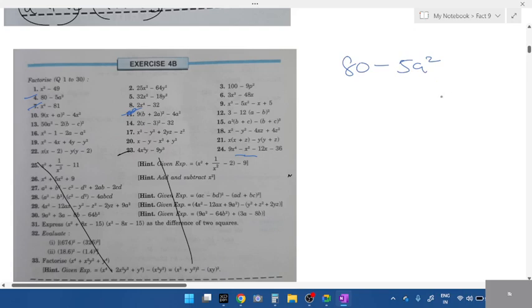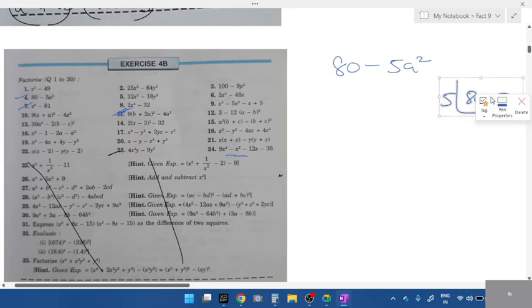Use normal factorization first. How do you use normal factorization? HCF method. What is common? 5 is common to both, right? Take 5. Tell me the remainder.